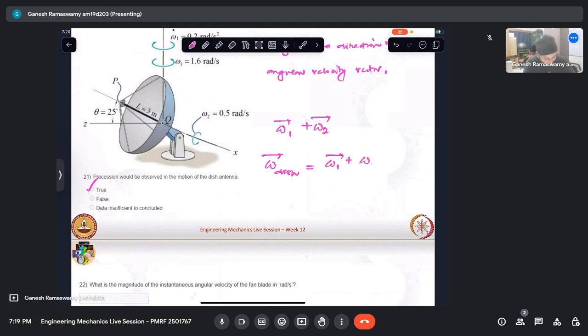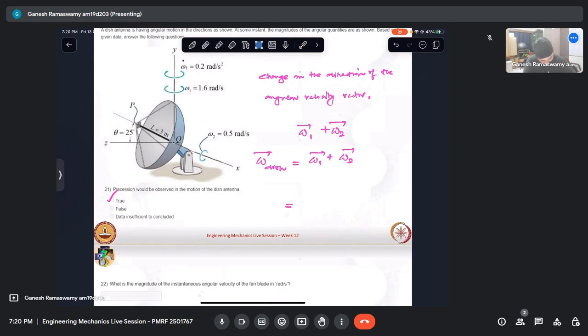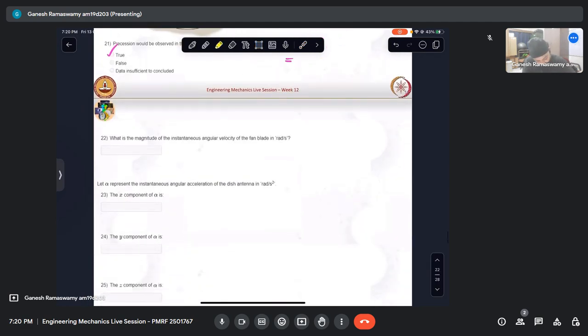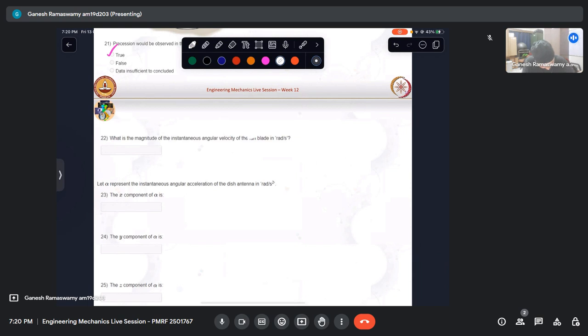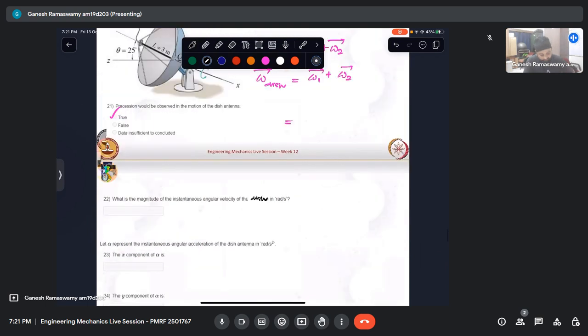So we can see what is omega 1. It is rotating in this direction, pointing towards plus y direction. Okay, so this is a correction. Actually, this will be dish antenna. Of the dish antenna, what is the magnitude of the instantaneous angular velocity? So it will be nothing but omega 1 plus omega 2.